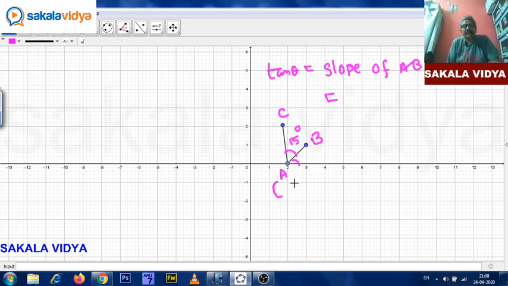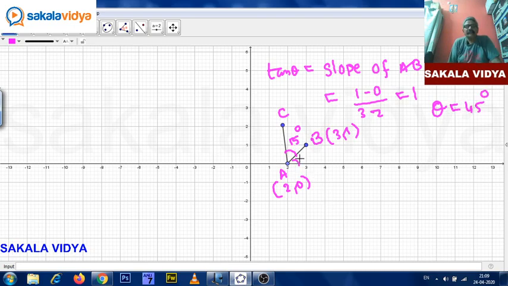A coordinates are (2, 0) and B coordinates are (3, 1). Slope is (1 minus 0) by (3 minus 2), that will be 1. So that means theta is equal to 45, the angle of inclination. Total this angle, which AC makes with the x axis, will be 60 degrees.